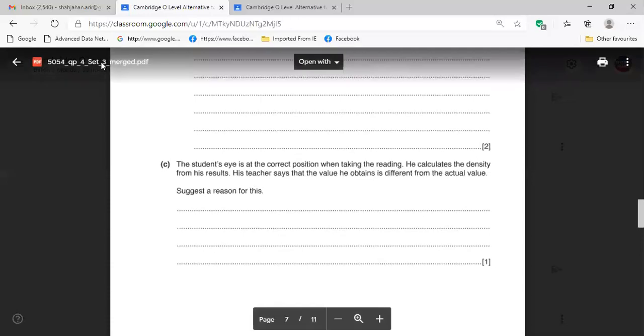Like in Ifa's and Abir's method, when you are making your measuring cylinder empty, there might still be some water left in the measuring cylinder, right?